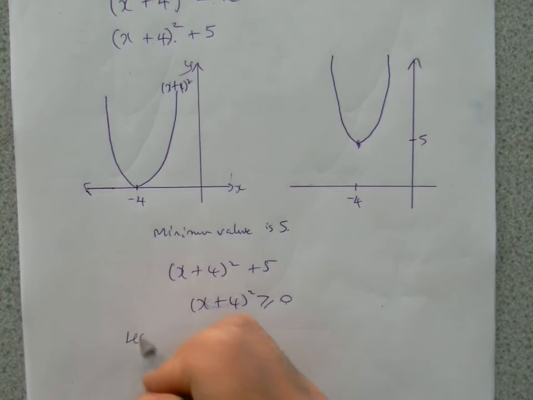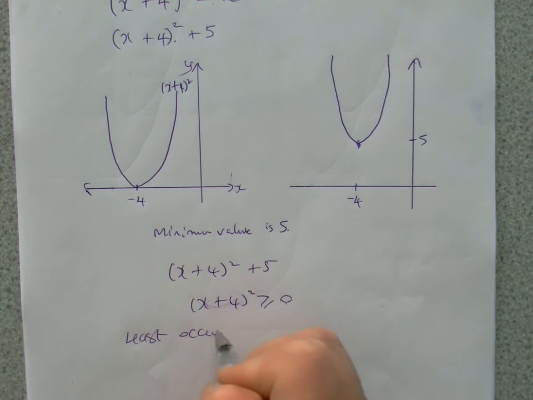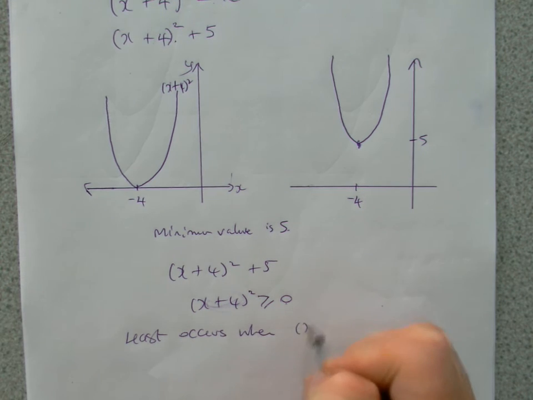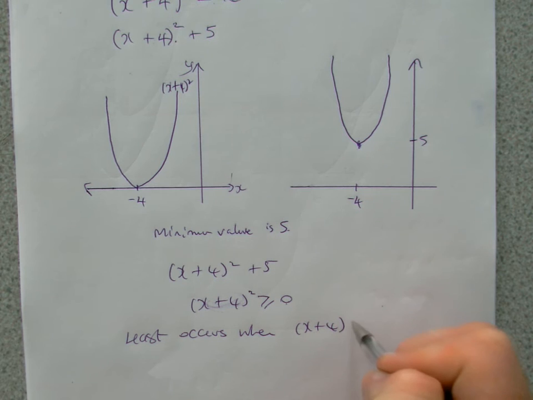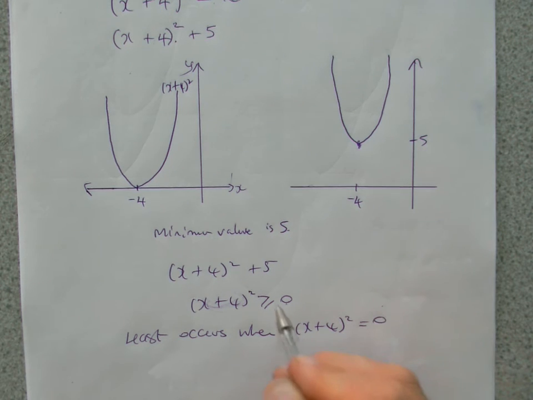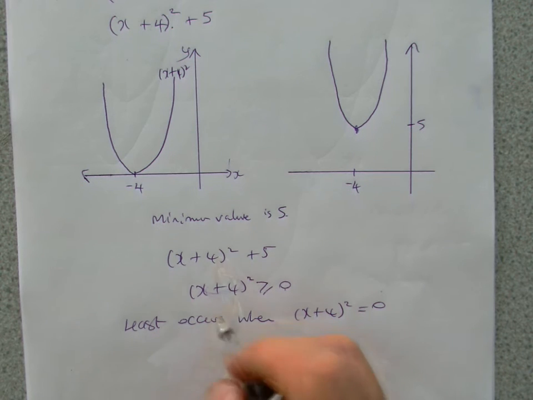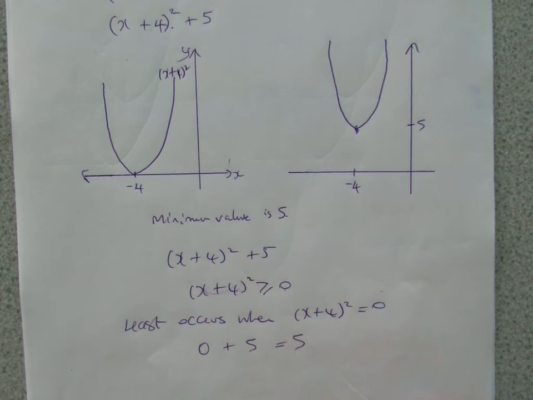So the least occurs when (x + 4)² equals 0. That's the lowest it can be. So if it's equal to 0, you have 0 plus 5 equals 5. So we've shown it that way as well. Now sometimes they ask as well, what x value does that occur at, when it's at its least?